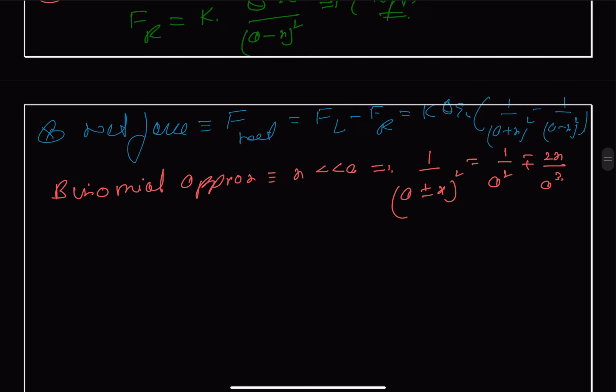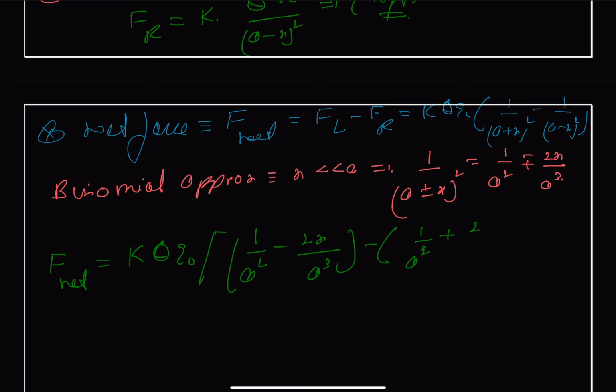Therefore, we can write our F net will be equal to K Q Q naught times (1 upon a square minus 2x upon a cube minus 1 upon a square plus 2x upon a cube). Obviously the 1 upon a square terms will be cancelling each other.